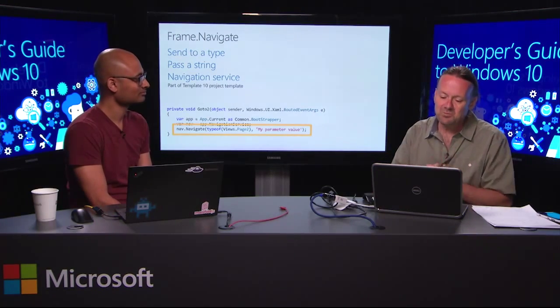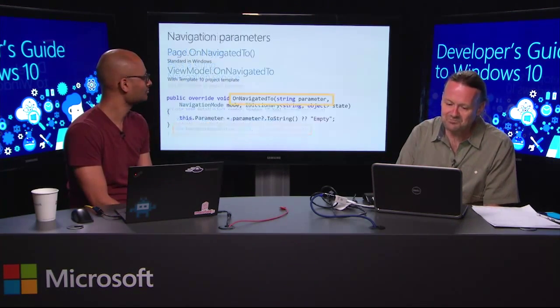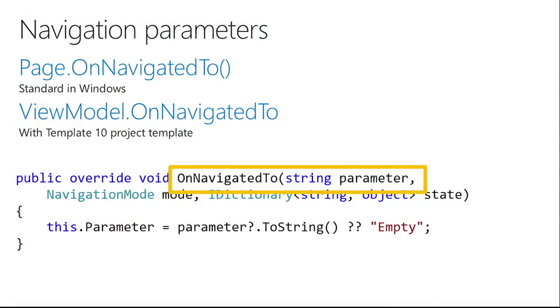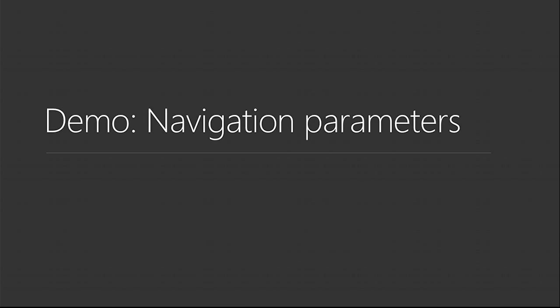But this is why it needs to be serializable. When you navigate into a page, that parameter gets passed into that page, and you can then use it to do stuff. Now I'm going to show you a brief demo of this to drive home this fairly simple stuff.